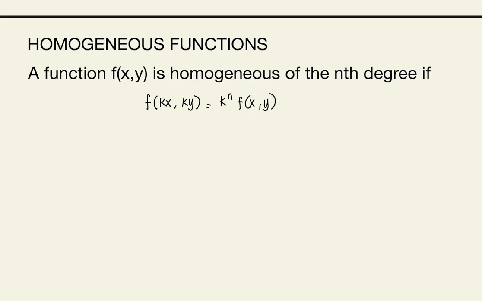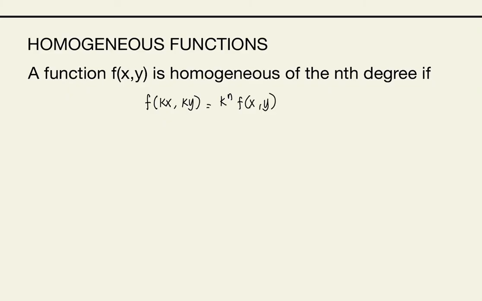Meaning, if we substitute the x's and y's in the given function with kx and ky, and by algebraic manipulation, we can write this into the form k to the power of n f of xy, meaning we're able to factor out this constant here raised to a certain exponent n, then we can say that the given function is homogeneous whose degree is this exponent here n.